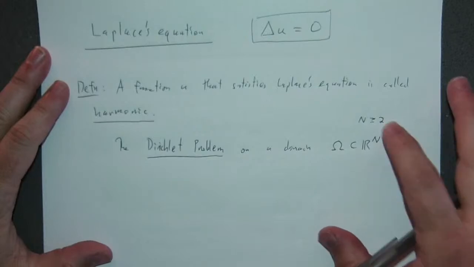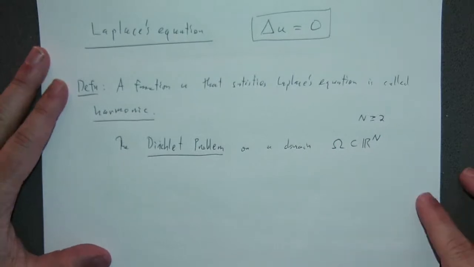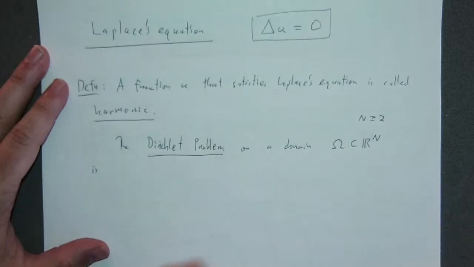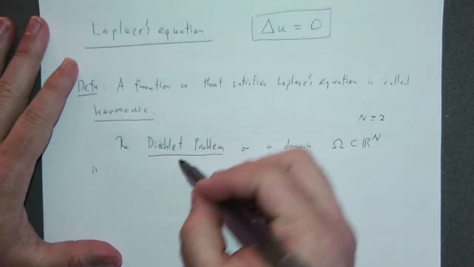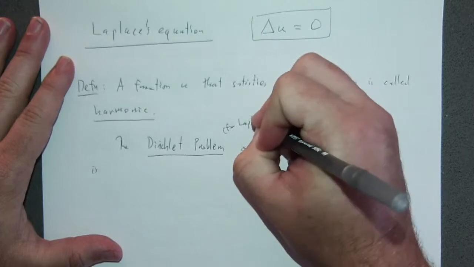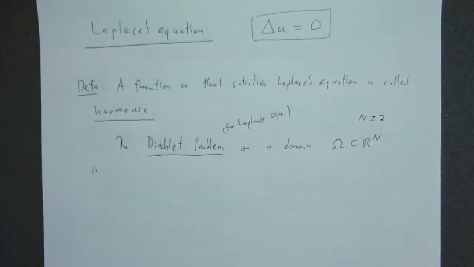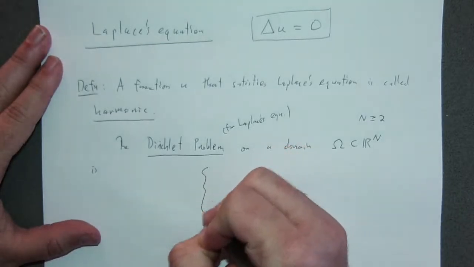So if our spatial dimension is at least 2 here, this is the Dirichlet problem on some domain omega. Of course, you could say, wait, didn't I have Dirichlet boundary conditions for my prior PDEs? Yeah, you could call this the Dirichlet problem for Laplace's equation if you like. So the Dirichlet problem for Laplace's equation on some domain omega in Rn is the following.